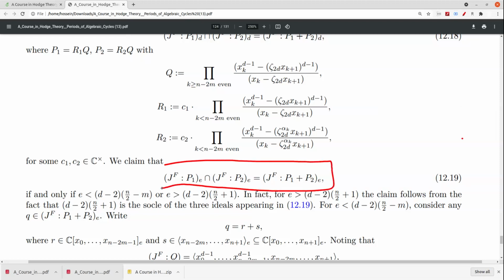So the intersection of these ideals, at the end, is the same as this one, and this is only valid in these cases. And for simplicity, I will skip the proof.